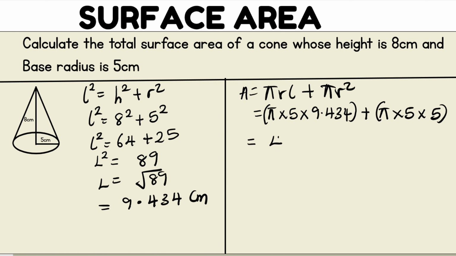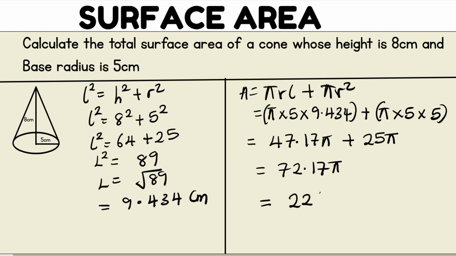This will be 47.17 pi plus 25 pi, and this will give us a total of 72.17 pi, leaving our final answer to be 226.729 cm square. It is left in cm square because we are solving the area, and area is measured in square units.